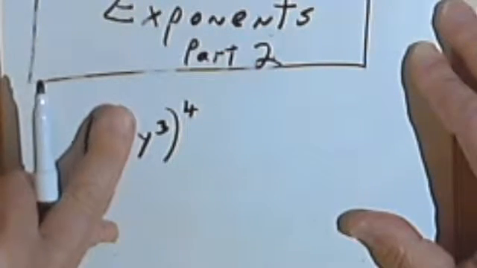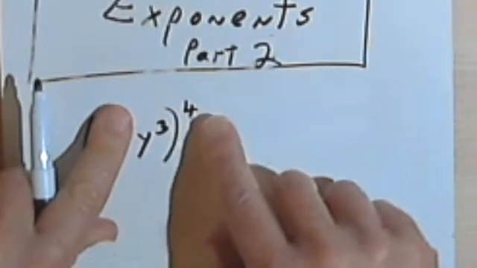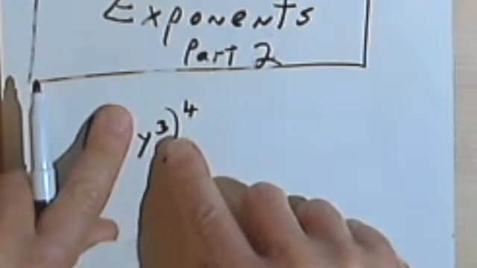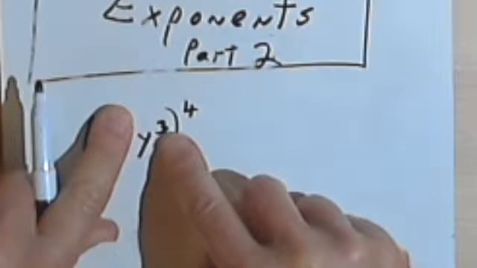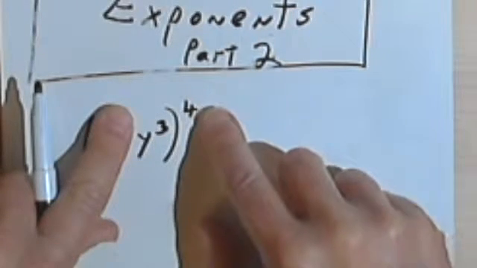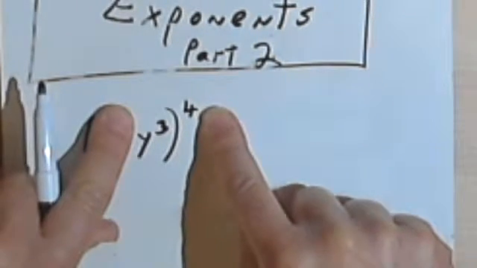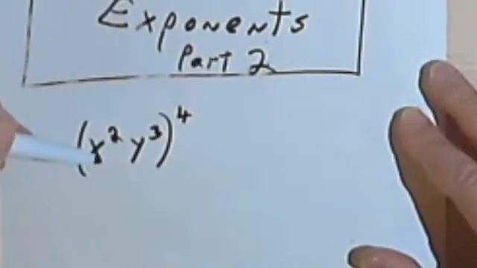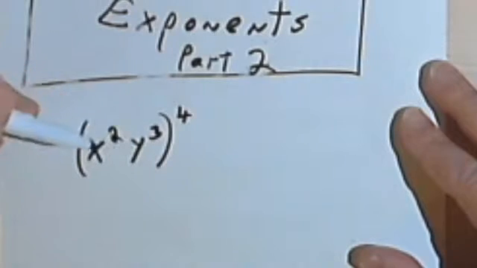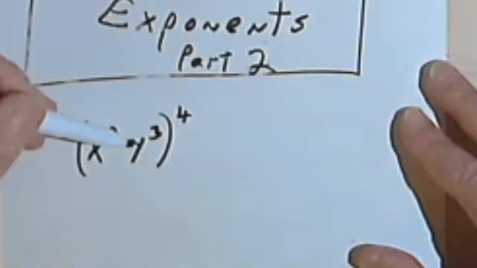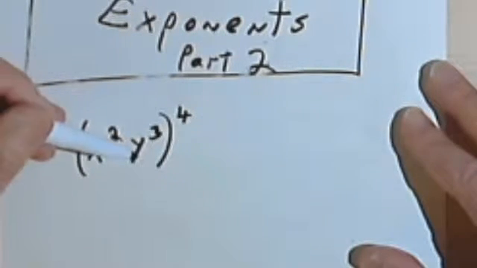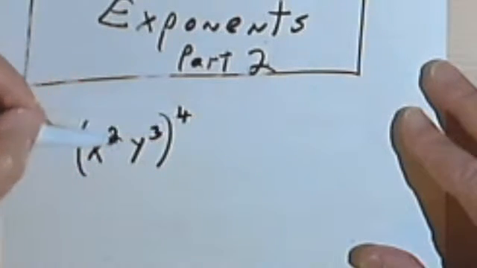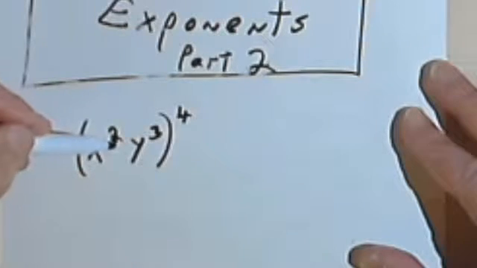Well, remember when we had something like just y to the third raised to the fourth power, we multiplied the 3 times the 4. In other words, we multiplied the exponent inside the parentheses by the power outside the parentheses. When we have more than one base inside the parentheses, we're going to use that same rule and apply it to each of the bases and exponents.